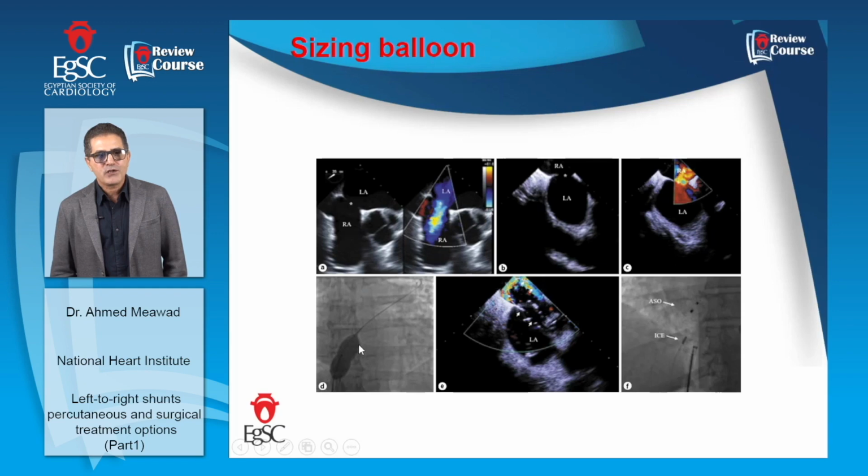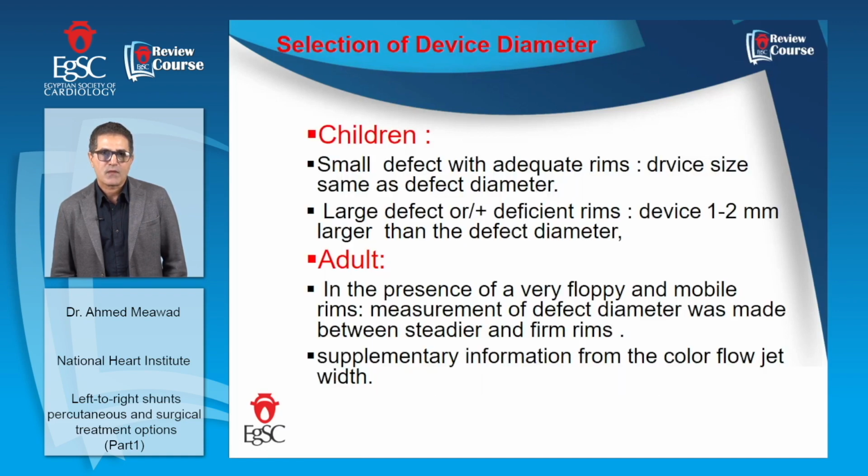We inflate a low pressure balloon at the site of the secundum ASD. We measure the diameter at which the color flow stopped by transesophageal echo. This diameter corresponds to the device which we will use.